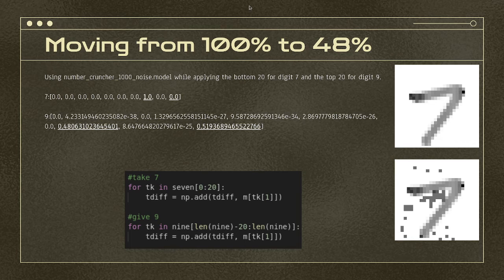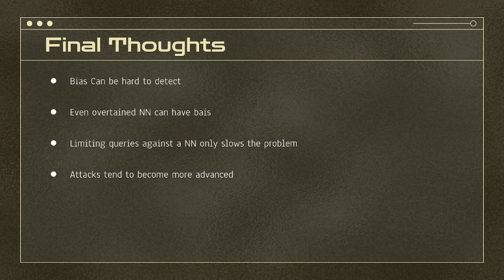We went from 100% to 48%, and notice we went from 0% on the 9 to 51%, which, if we just choose whichever is the highest probability, means our model has now misclassified this as a 9. So this isn't necessarily a good way of dealing with imbalances. So bias can be kind of hard to detect in these sorts of neural networks.